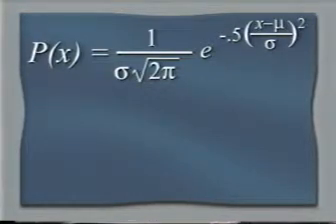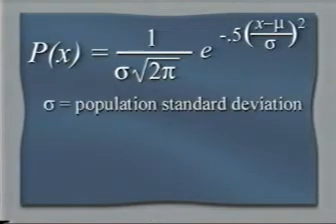P of x equals 1 over sigma, that's the written Greek letter sigma, times the square root of 2 pi, e to the negative 0.5 times quantity, x minus mu over sigma squared. Looking at that formula, it appears to have quite a few Greek letters. Let's explain what those letters stand for. The sigma is the population standard deviation of a distribution.